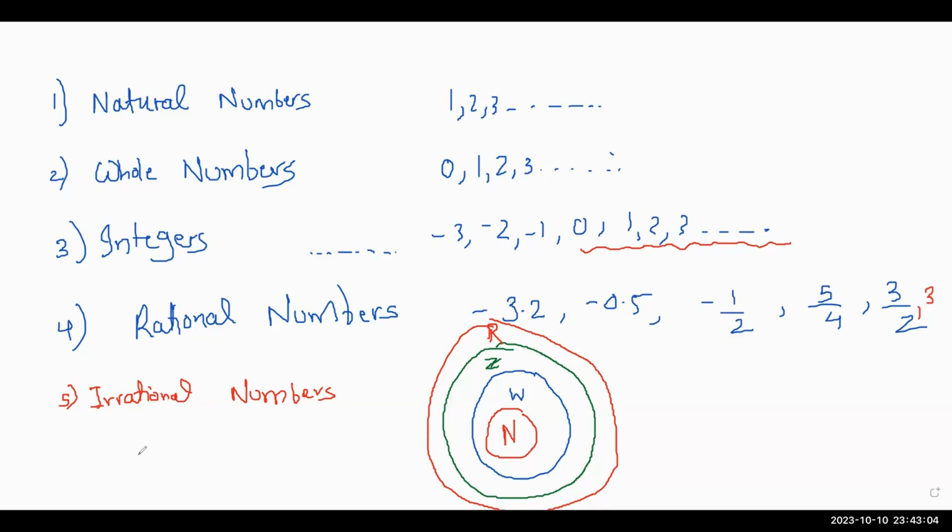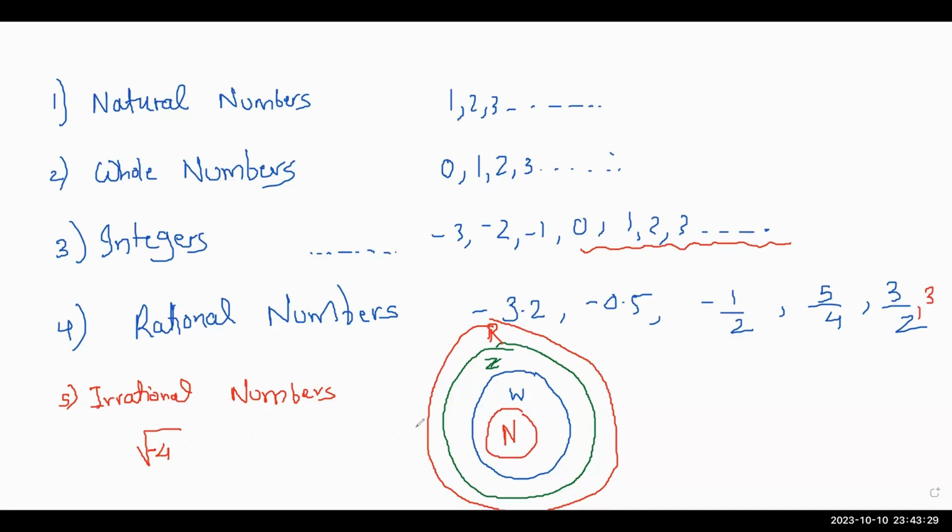Have you heard of something like this? Is it square root? Yeah, it's square root. These are called irrational because I cannot write them as P over Q, correct? Square root is something different.